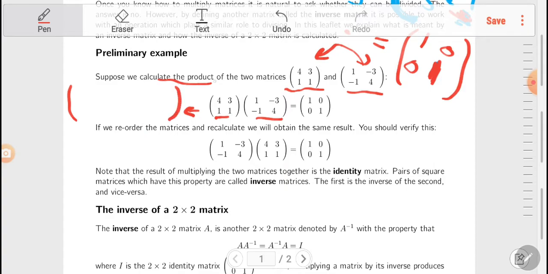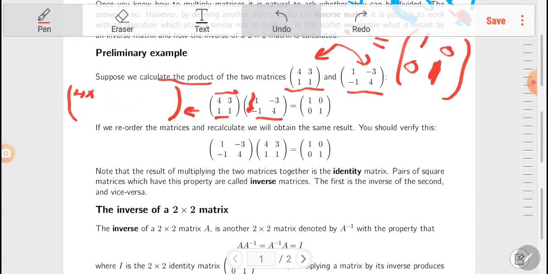The first row we multiply by the first column: 4 by 1 plus 3 by negative 1, which is equal to 4 minus 3, 1. Okay.